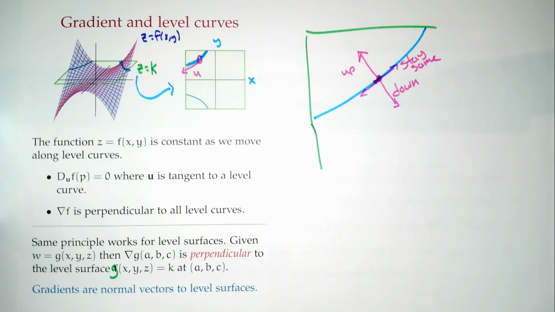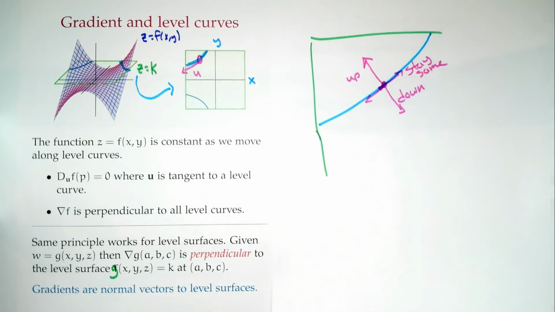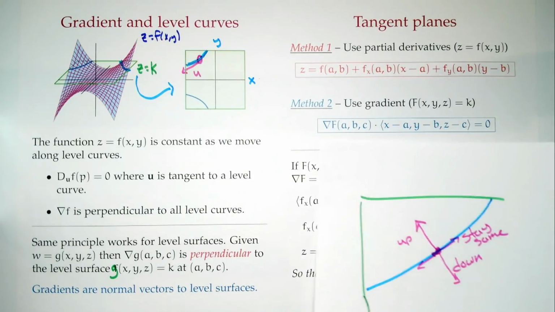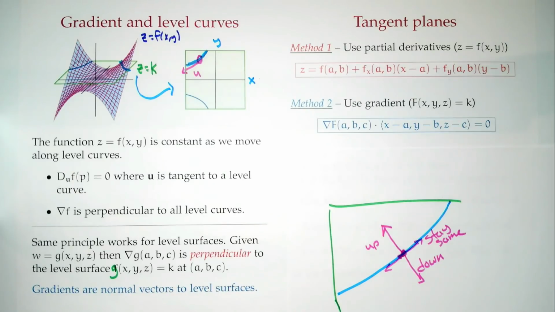This could be useful, because there are things we want to find normal vectors for. In particular, let's talk about planes. So tangent planes. We now have 2 methods. We just saw the second method hinted at. We're going to make it explicit here. If I want to make a tangent plane, the first method is what we talked about previously.